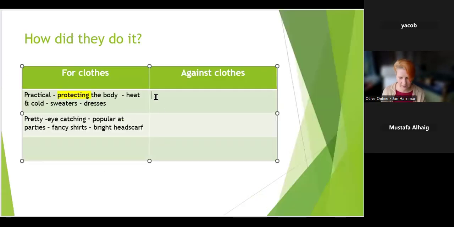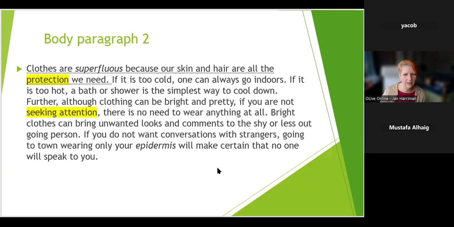So if we say protection down here, it's usually like the others, it's going to be hot and cold. And what are the examples of what they use for protection? Why do we not need clothes for protection? And yes, this is supposed to be silly.